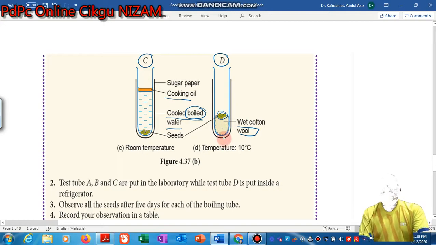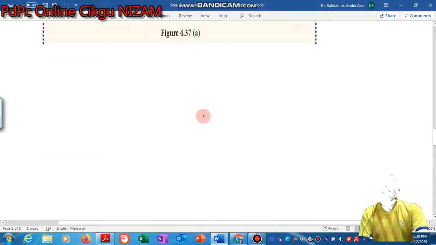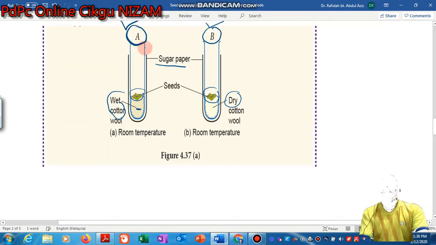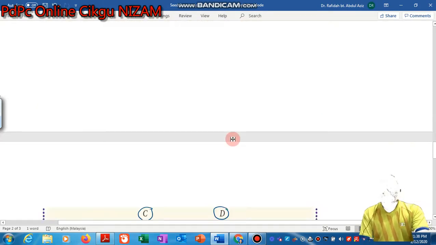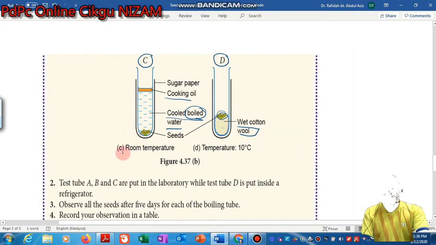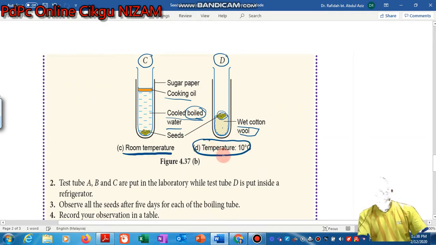Okay, so boiling tube A, boiling tube B, and boiling tube C, these three boiling tubes will be put in room temperature, while boiling tube D will be put into a refrigerator that has a temperature of about 10 degrees Celsius.